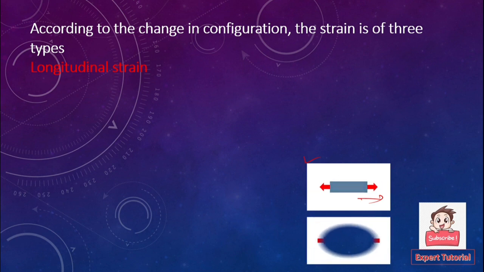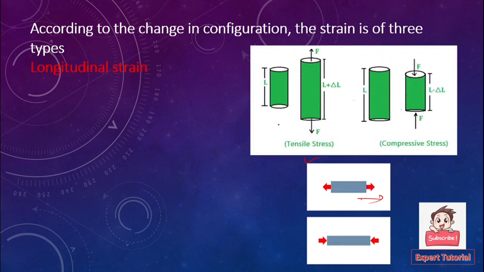In the next picture, I am pushing this. So in the first picture I am pulling, and in the second picture I am trying to compress this. In the first picture it will be elongated, and in the second picture it will be compressed.